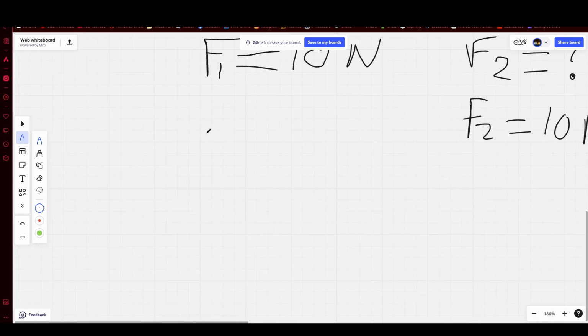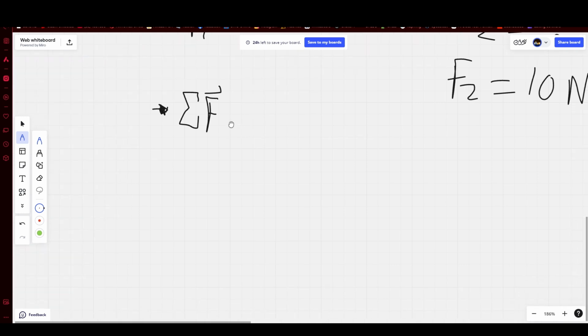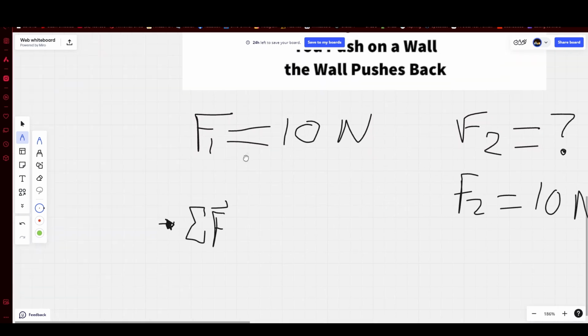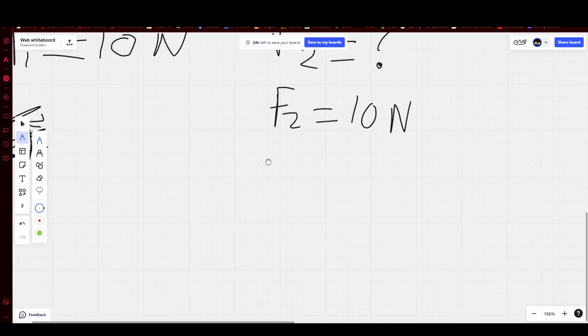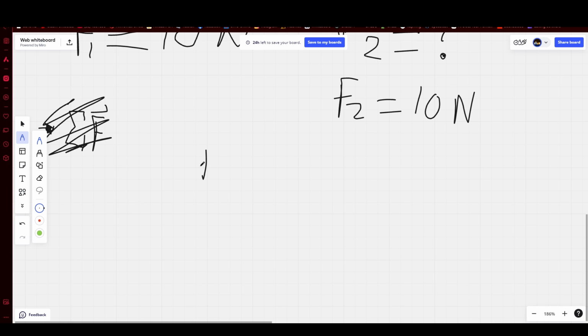So we can say the sum of the forces, and we'll just say right is positive. Let's do something else. F1 plus F2 equals 0.